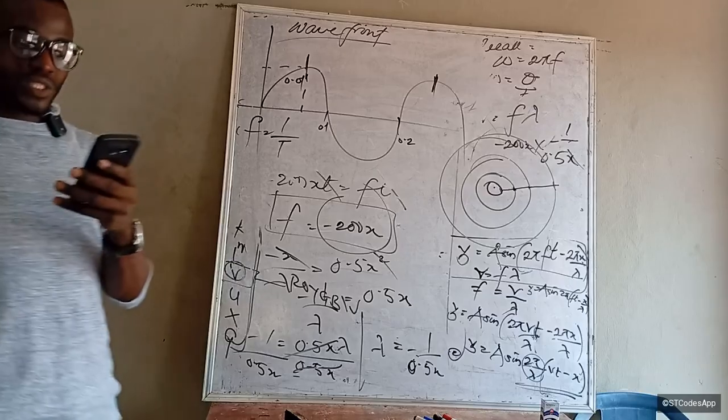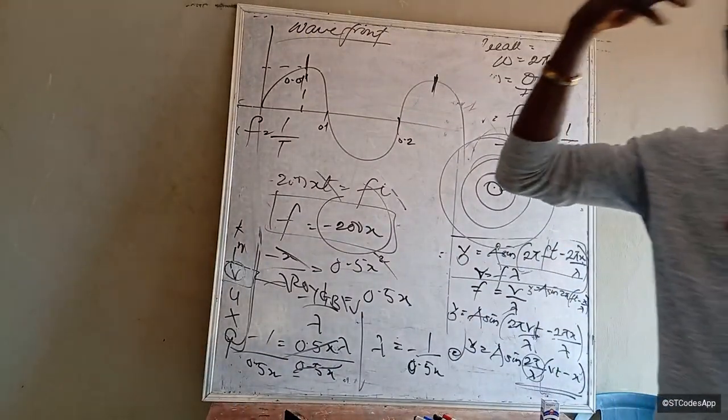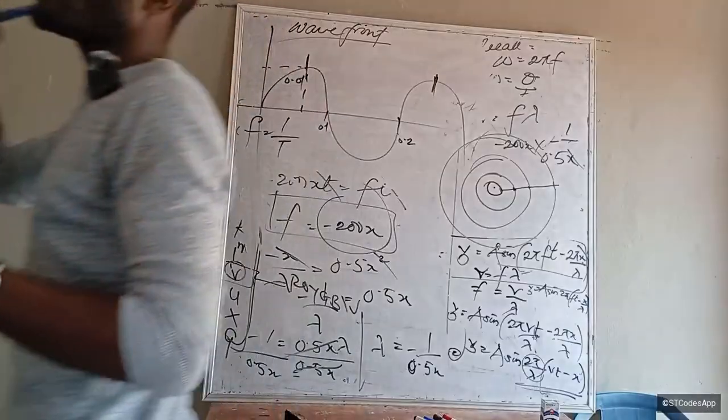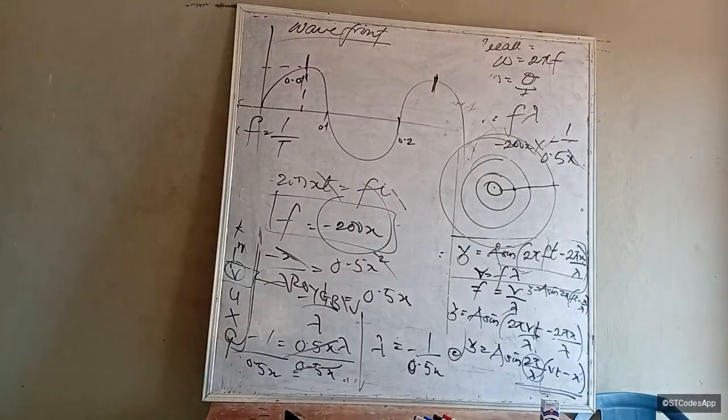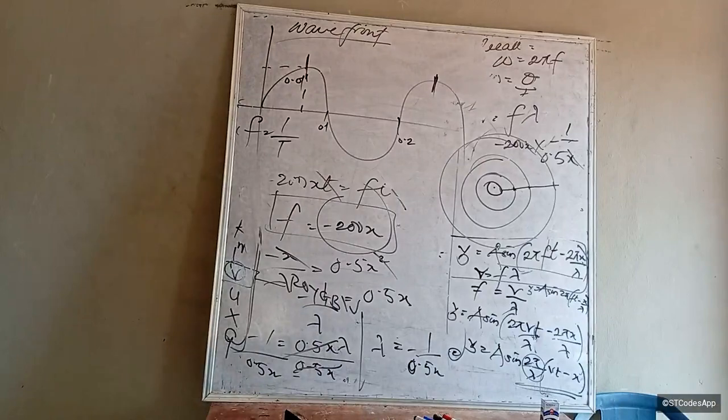Now, you see, I didn't tell you about forced vibration. Forced vibration does not have anything to do with frequency. No, it has something to do with frequency. Let me show you the different types of vibration. We have free vibration. This is free vibration because I allow the molecules of the gas to vibrate by themselves and then it sends the sound.